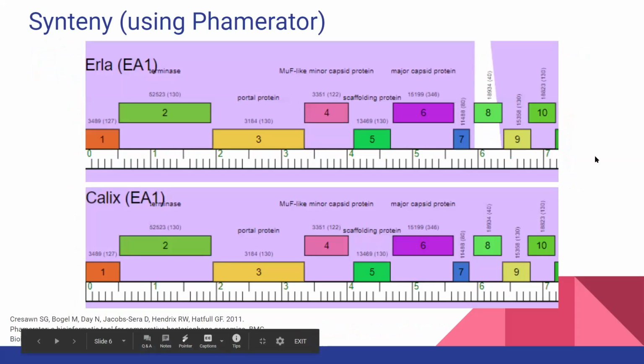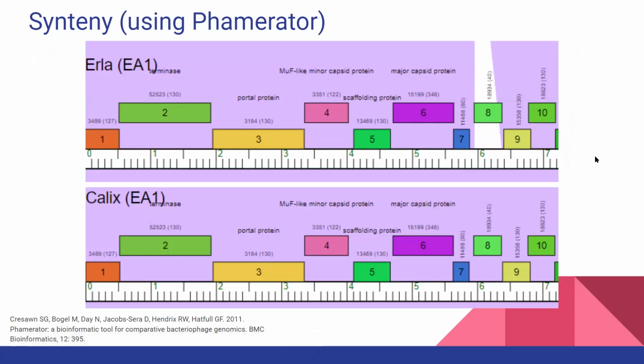So we also used a program called Phamerator to take these bacteriophage subclusters called phams to compare our bacteriophage to other bacteriophages in the subcluster visually. So you can see here, each of these boxes represents a different protein coding gene. So for instance, number 2 is terminase in Erla, and you can see in Calyx as well, terminase.